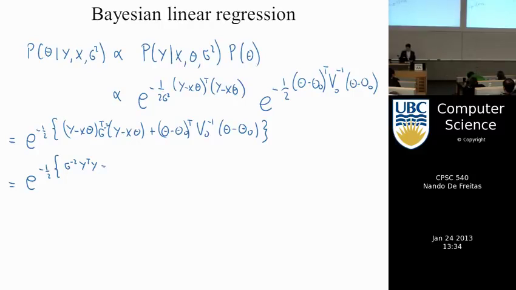And then I will get minus 2 sigma inverse 2. And then I have the cross terms of this guy, which is y transpose x theta.